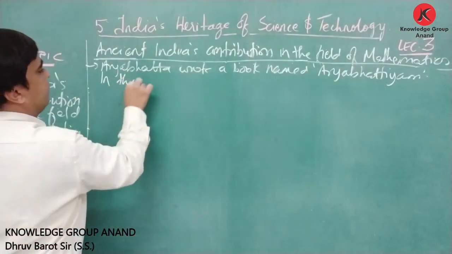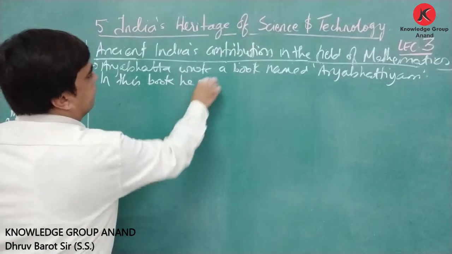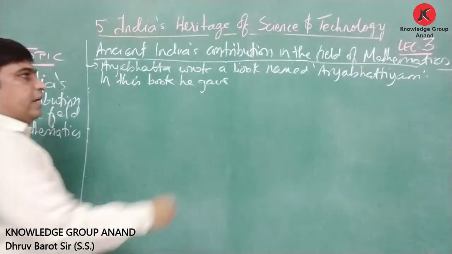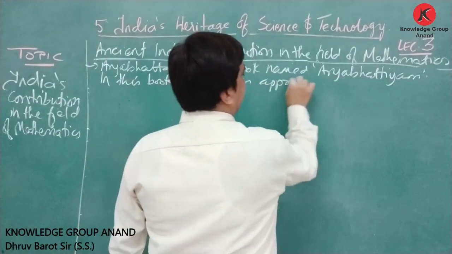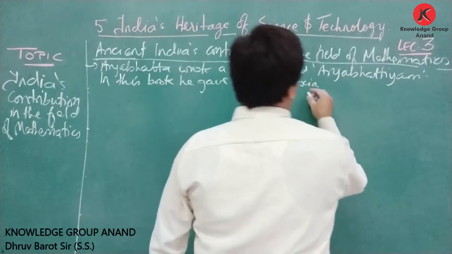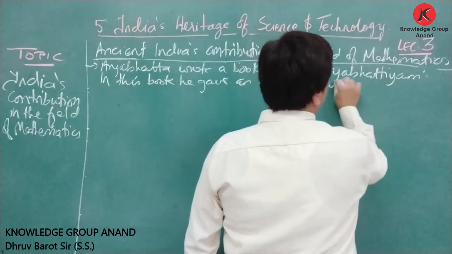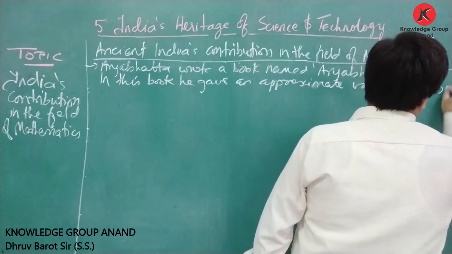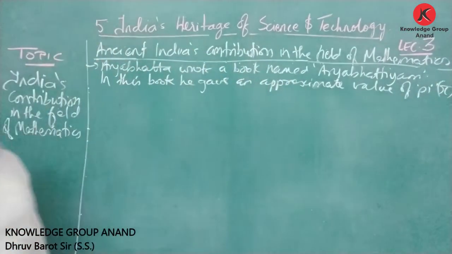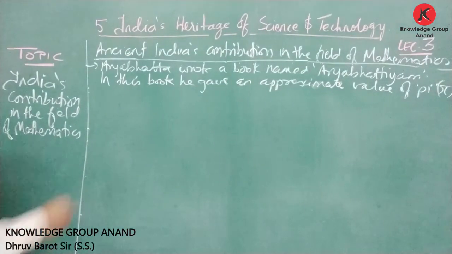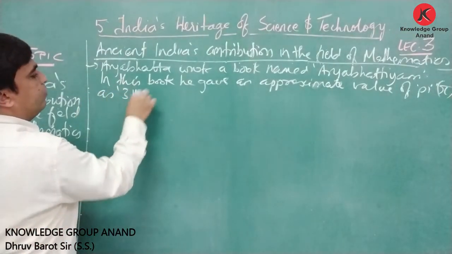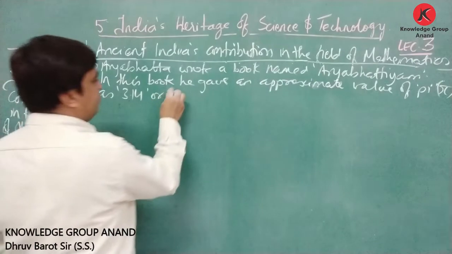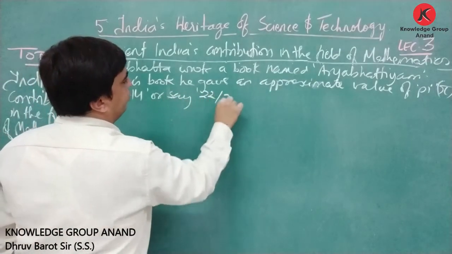In this book, he gave an approximate value of pi as 3.14, or we can say 22/7.